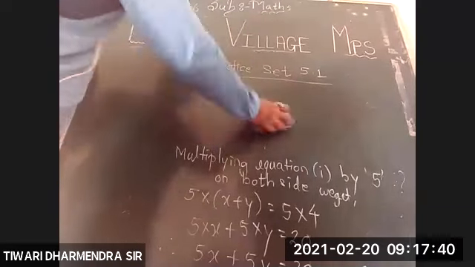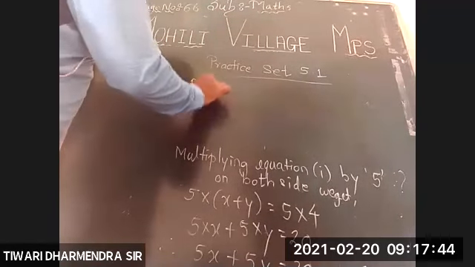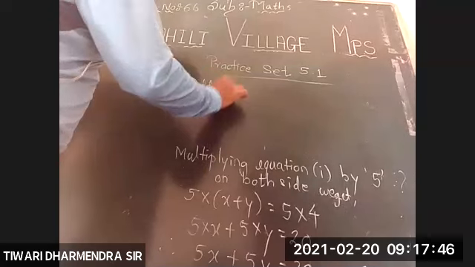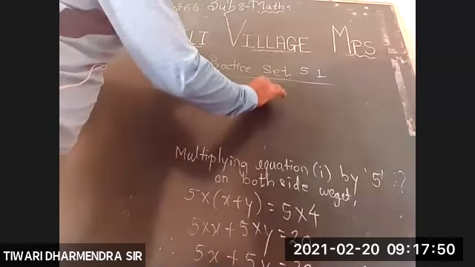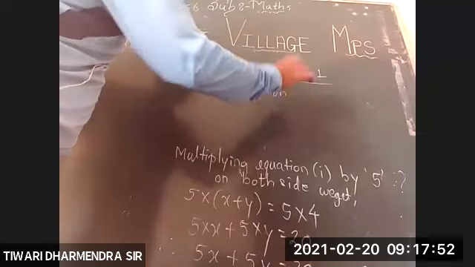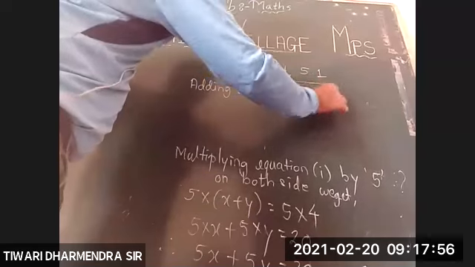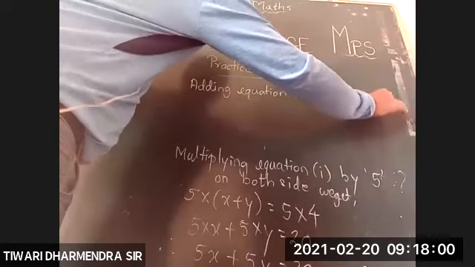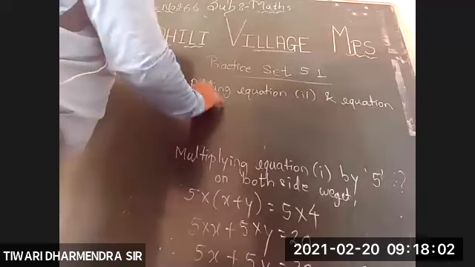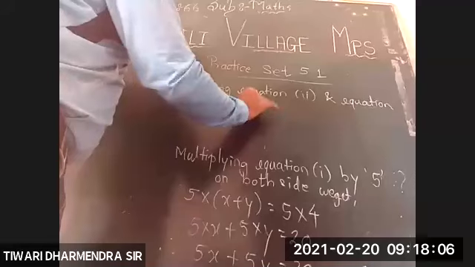So we'll be writing, adding equation 2 and 3, we get. Equation 2 and equation 3, we get.